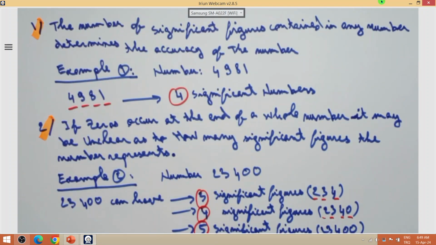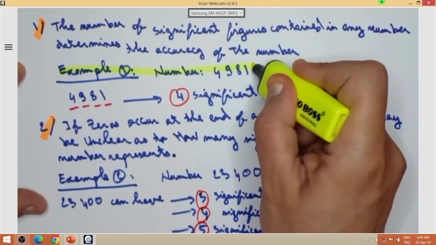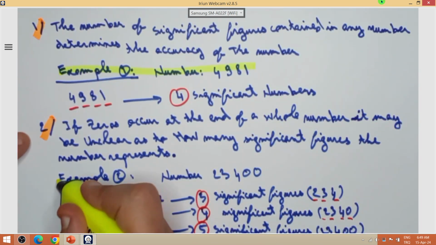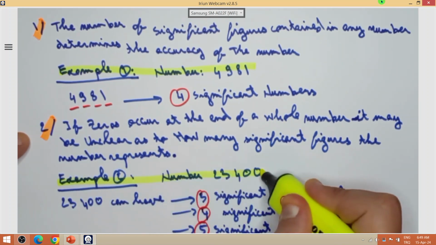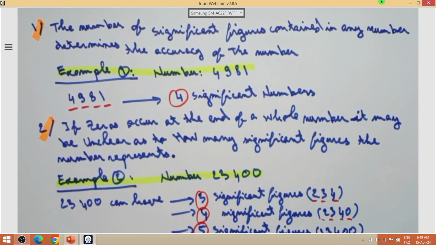In these two notes, we have seen two examples, which are example 1 and example 2. So always about the subject of significant numbers or significant figures, we will move and see other notes.